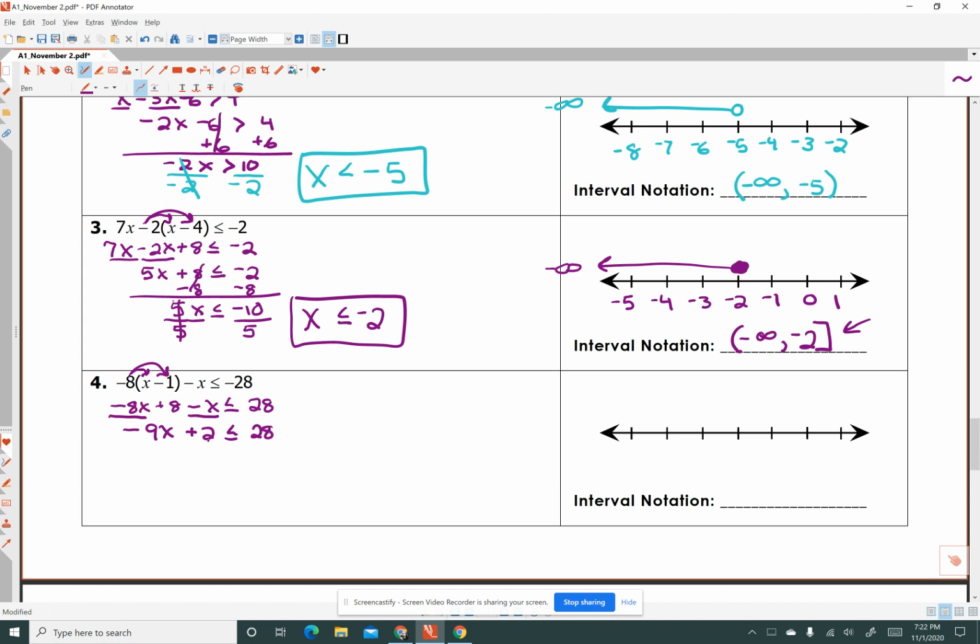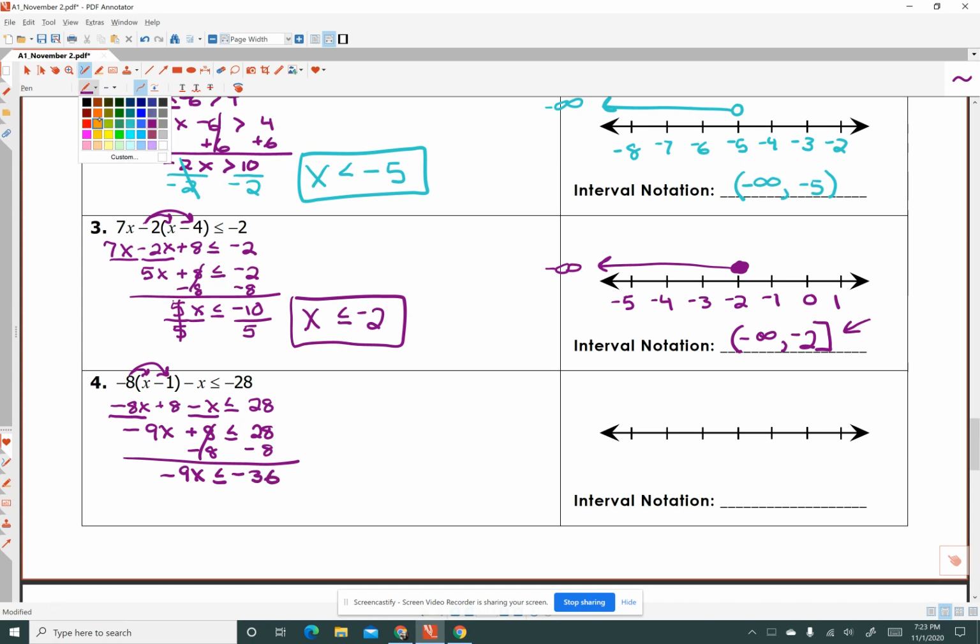I wrote a 2 instead of an 8. There we go. We will subtract 8 from both sides. -9x is less than or equal to -36.